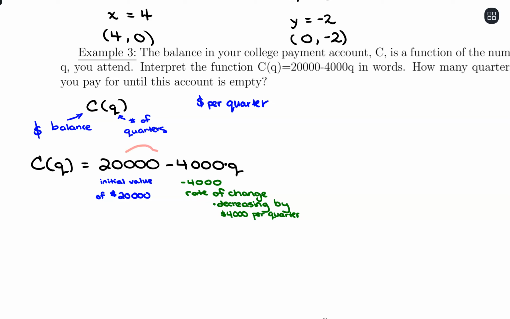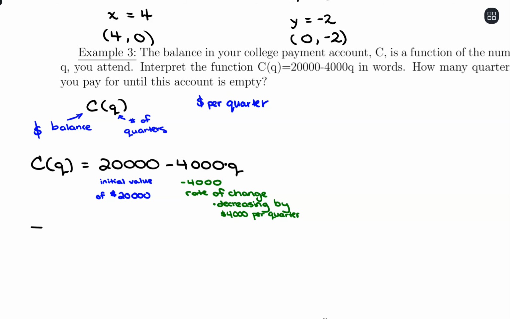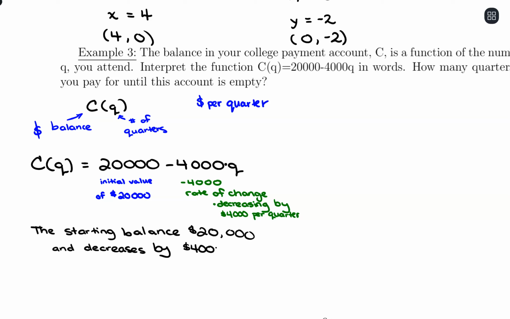So it's like the balance is starting at this $20,000, and then we're paying off $4,000 per quarter. So let's go ahead and put that in a sentence. The starting balance is $20,000 and decreases by $4,000 per quarter.